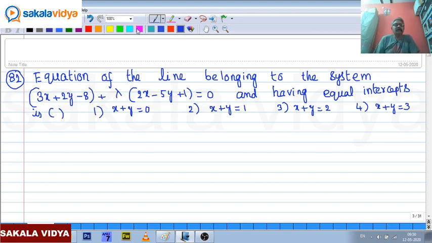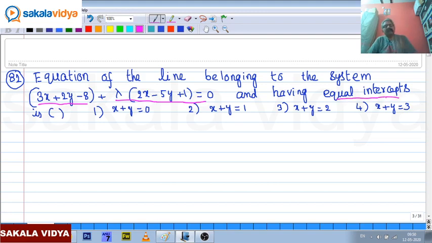So now, equation of the line belonging to the system 3x plus 2y minus 8 plus lambda times 2x minus 5y plus 1 is equal to 0 having equal intercepts.